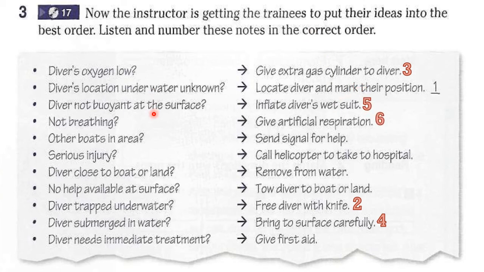Number 6, give artificial respiration. 7, send signal for help. 8, tow him to land. 9, remove from water. 10, give first aid. 11, call helicopter to take him to hospital. Amazing.